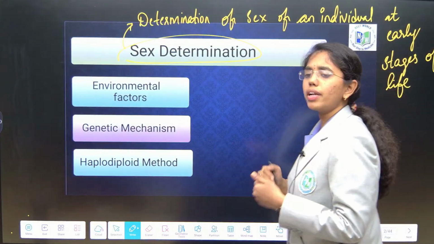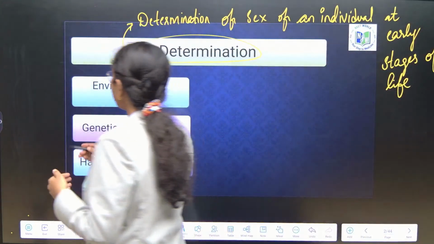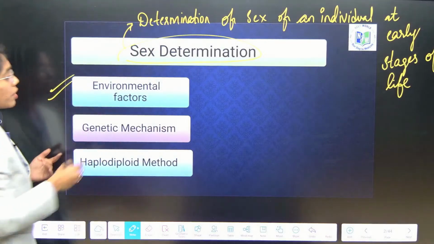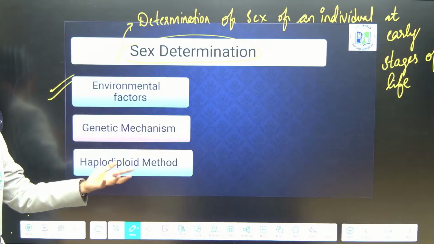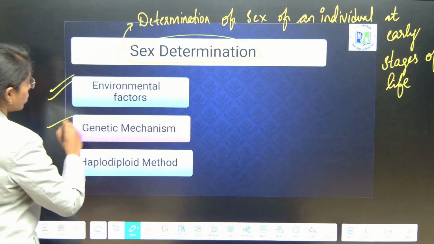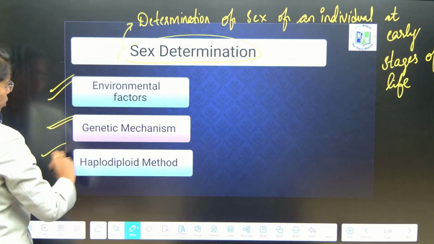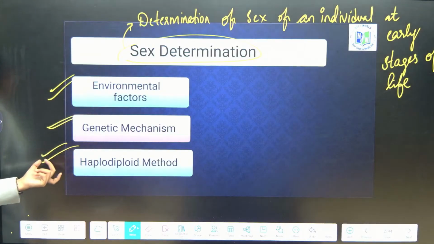It is different for different organisms. We have environmental factors which affect sex determination, that decide the gender in the early stages. Mostly we will know the genetic mechanism and haplodiploid mode. We will discuss examples one by one.